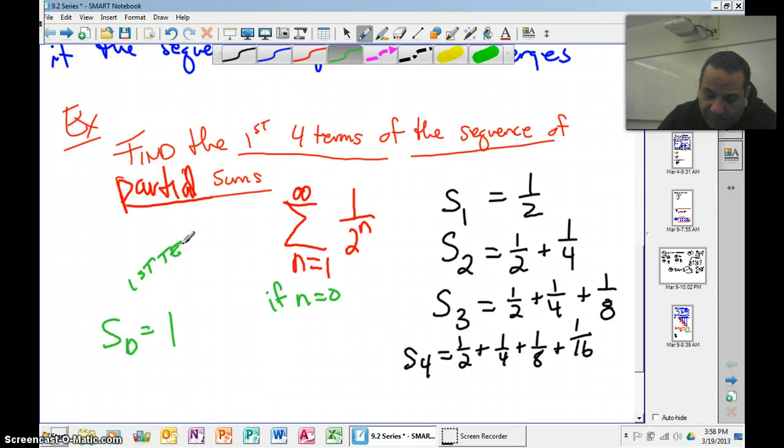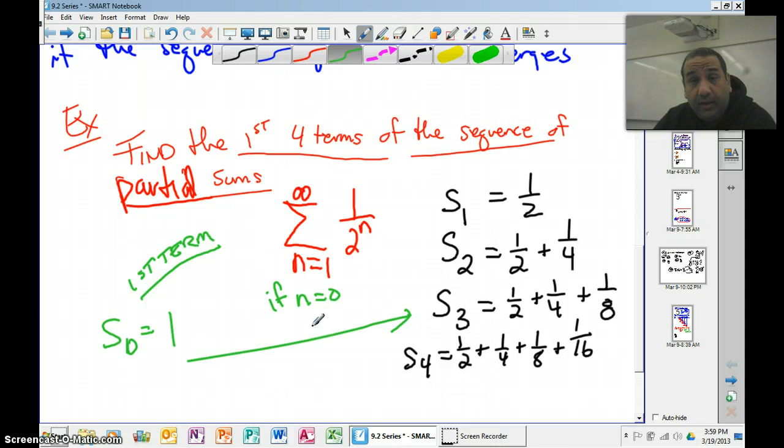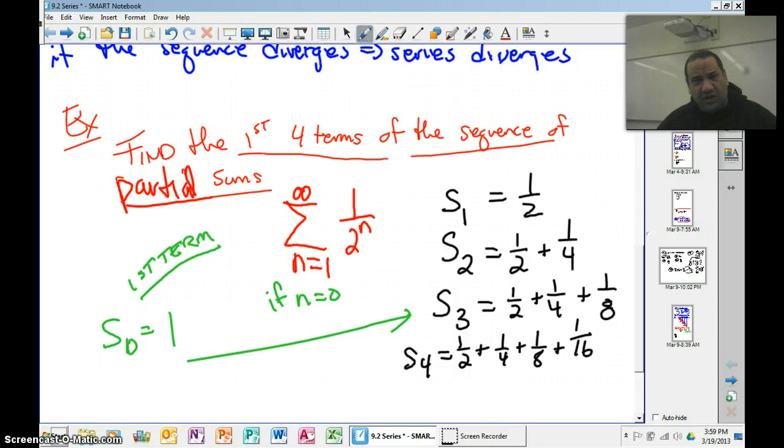So you've got to be careful what they ask for. If they ask for 4 terms, then I'm only going this far if n was 0. If it asks for n equals 4, then we go to n equals 4. So just be careful what they ask, okay? That's a little semantical, but that's what happens.